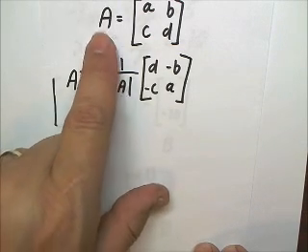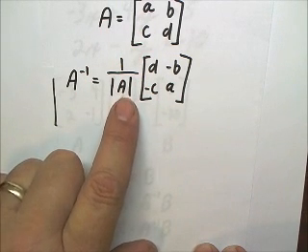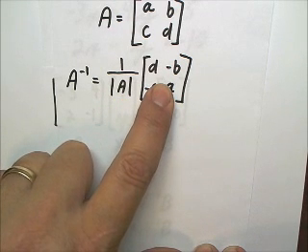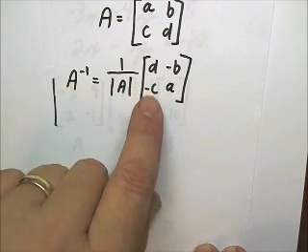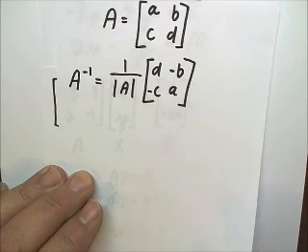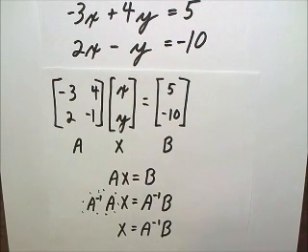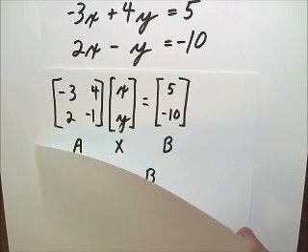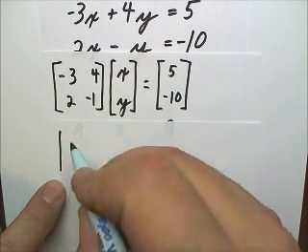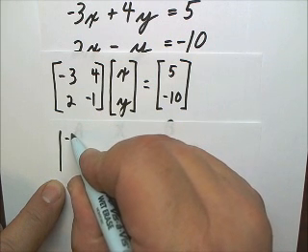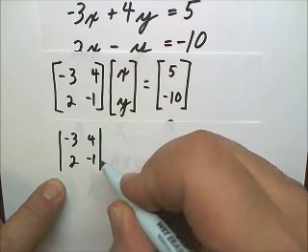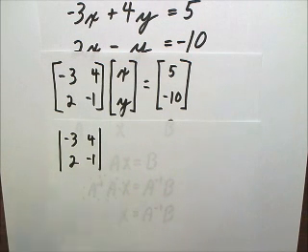Now from before, if this is matrix A, the inverse is 1 over the determinant of A times this matrix, where the A and the D have switched places, C and B have kept their places but became negative. So we will figure out the determinant of matrix A. So we'll be doing the determinant of -3, 4, 2, -1.